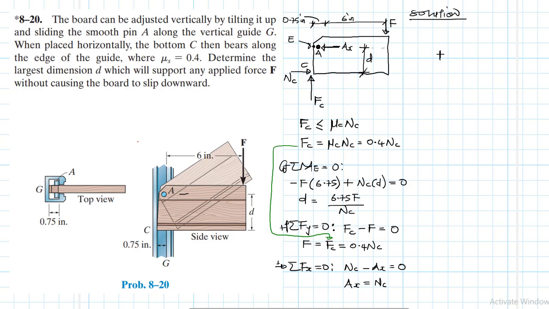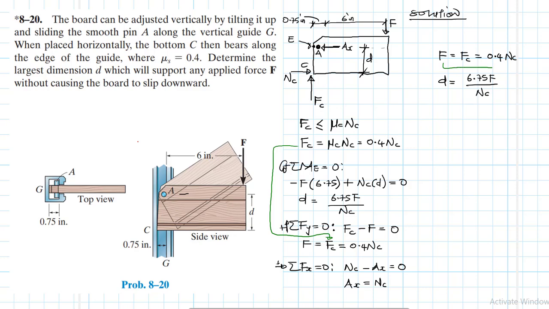We found that F is equal to FC, which is eventually equal to 0.4 NC. And we also found that D is equal to 6.75 times F divided by NC.